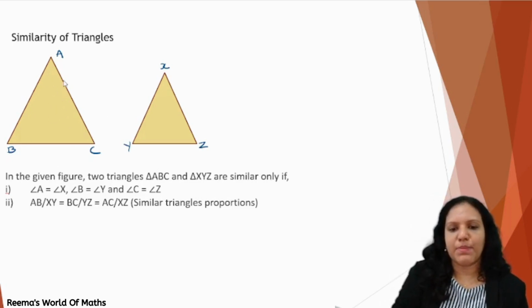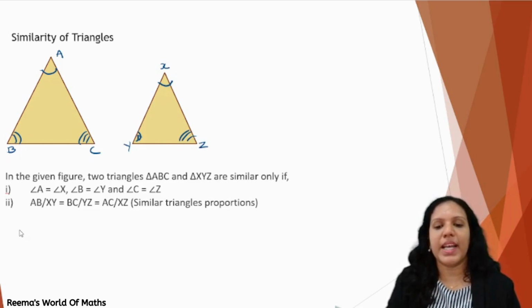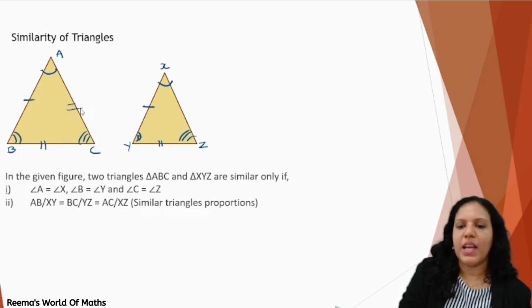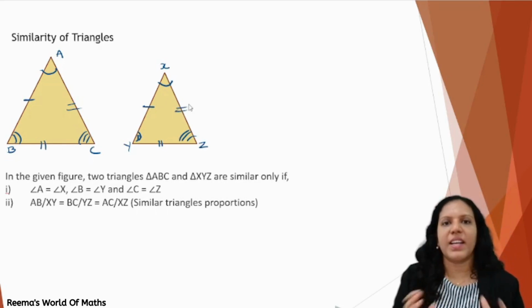The corresponding angles are A and X, B and Y, C and Z. The second criterion is that the corresponding sides AB by XY, BC by YZ and AC by XZ should also be in proportion. If these two criteria are satisfied, then we can say two triangles are similar.